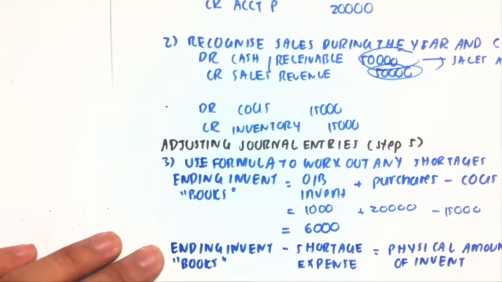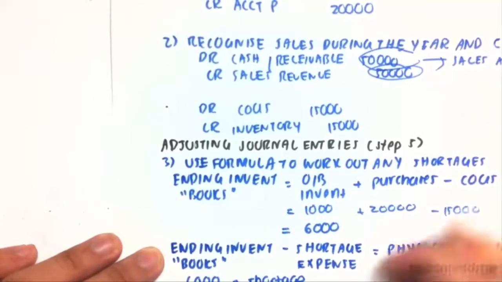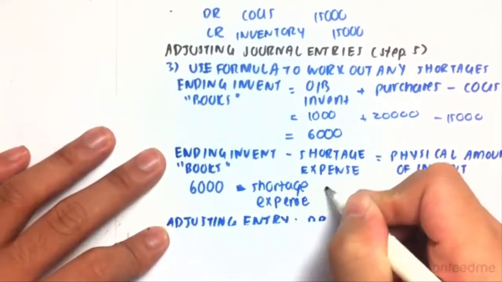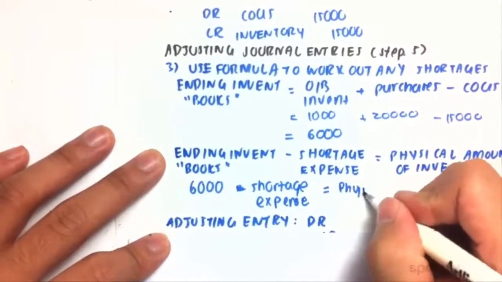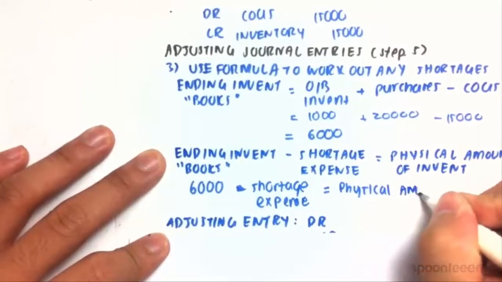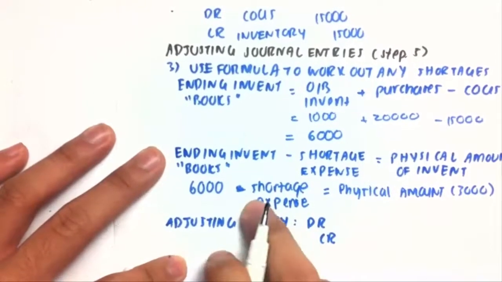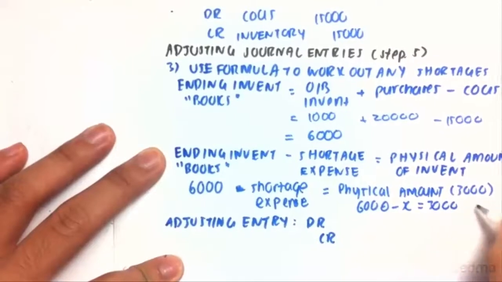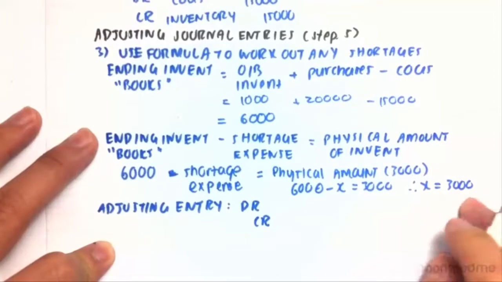So book value minus shortage expense should equal the physical amount, which is $3,000. So if we calculate this correctly, 6,000 minus x equals 3,000. Therefore, x should equal 3,000, and that will be our shortage expense.